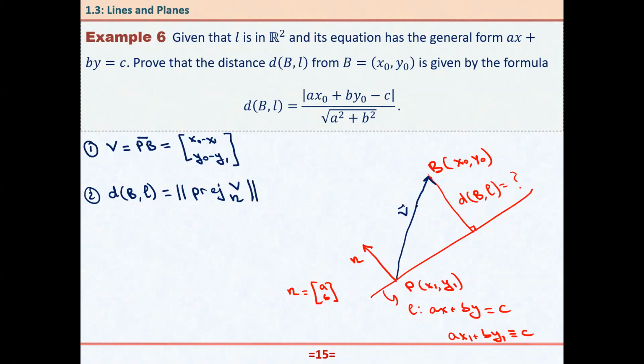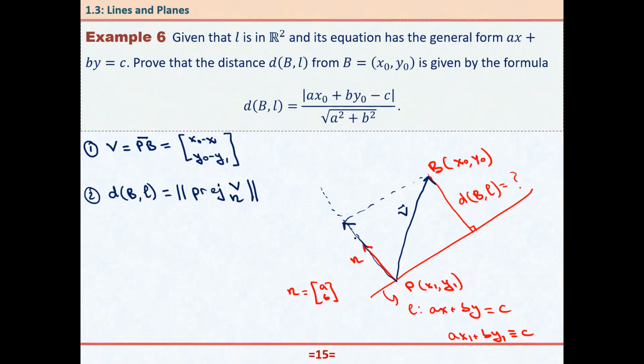Because what is the projection of v onto n? The projection of v onto n will be actually this vector, right? This one is the projection of v onto n.